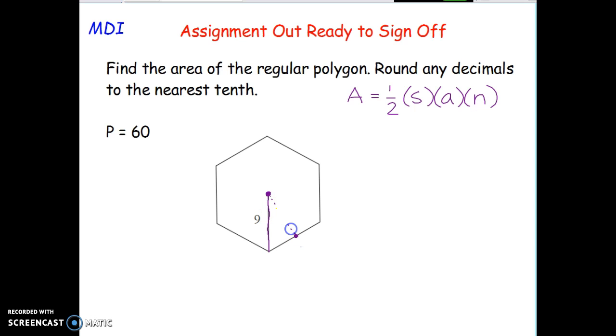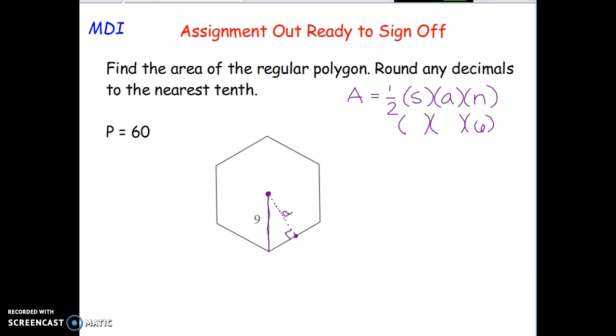So we just want to draw in our apothem like we've been doing. This is our apothem right here. The 9, remember, represents the hypotenuse of this triangle. So what we want to do is we want to start filling in pieces here that we know. We know that N in this case is 6. The apothem is what we need to find.